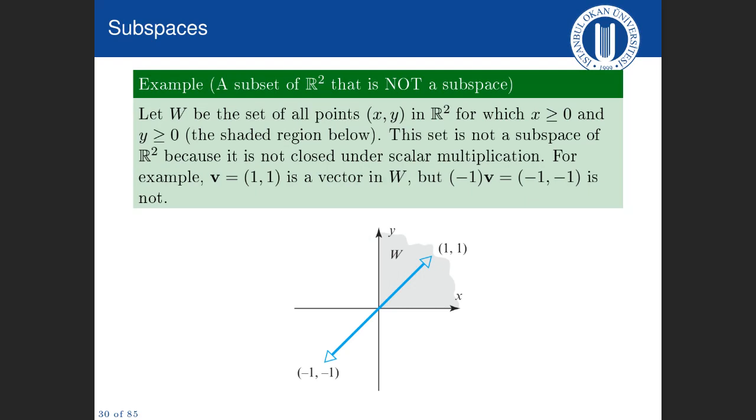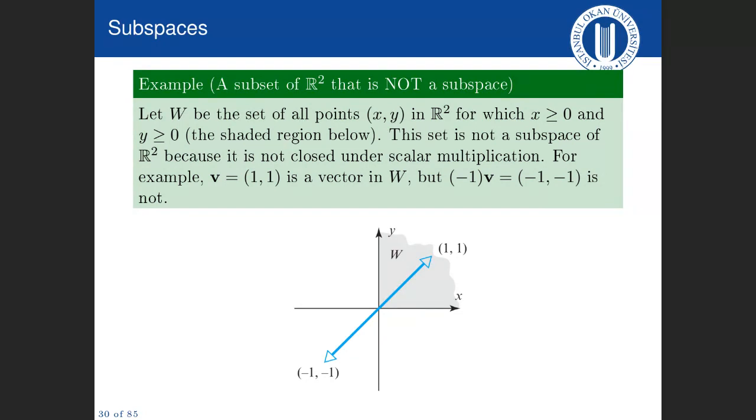Now let's talk about a subset of R2 that is not a subspace. Let W be all of the points in the first quadrant. In other words, all of the points where x is greater than or equal to 0 and y is greater than or equal to 0. This set is not a subspace of R2 because it's not closed under scalar multiplication.